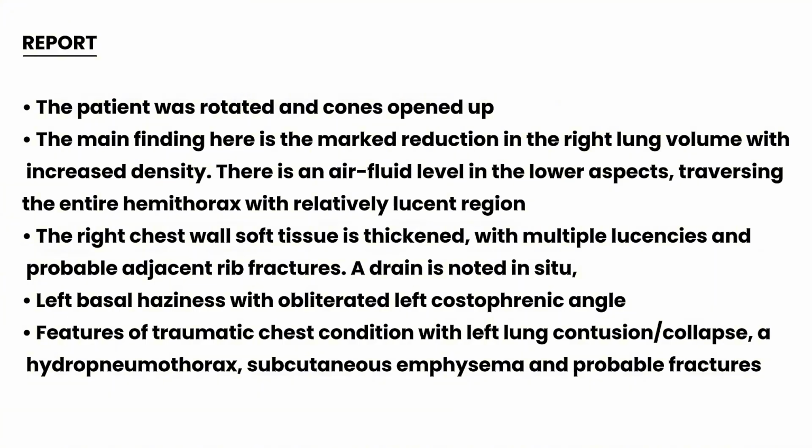There is an air-fluid level in the lower aspects traversing the entire hemithorax with relative lucent regions. The right chest wall soft tissues is thickened with multiple lucencies and probably adjacent rib fractures. A drain is noted in situ. Left basal haziness with obliterated left costophrenic angle is noted.